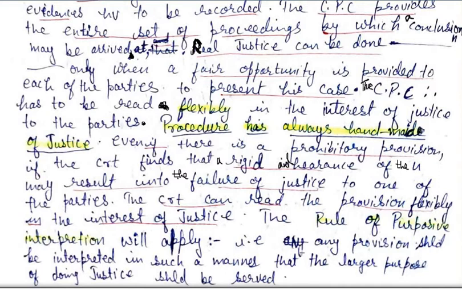That is, any provision has to be interpreted in such a manner that the larger purpose of doing justice is served. So that's all for the approach towards CPC. अब ये जब आप आगे पढ़ेंगे तो we go on to discussing all these.